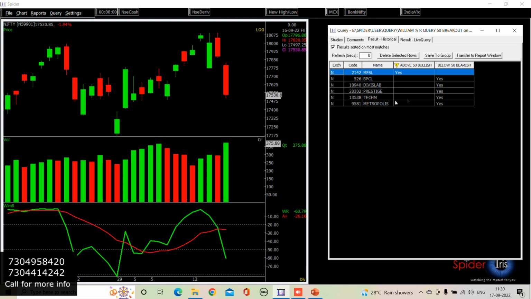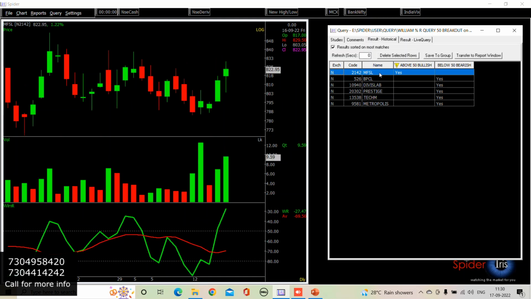Now let us first understand the exact condition. In the previous candle the Williams indicator value should be between -50 to -40, and it should be cutting the red average line in the upward direction.